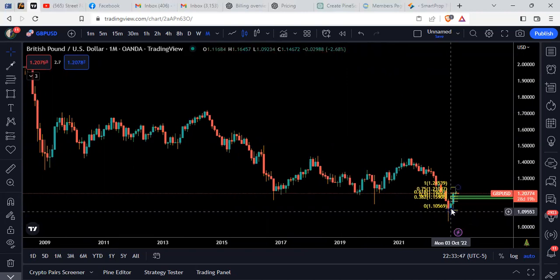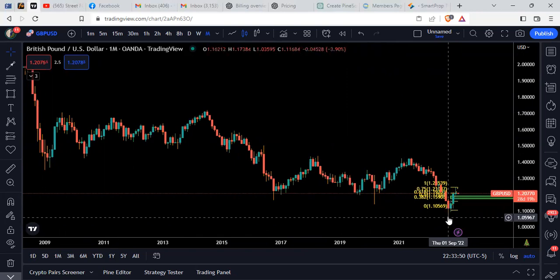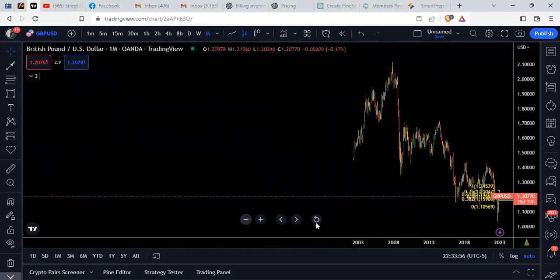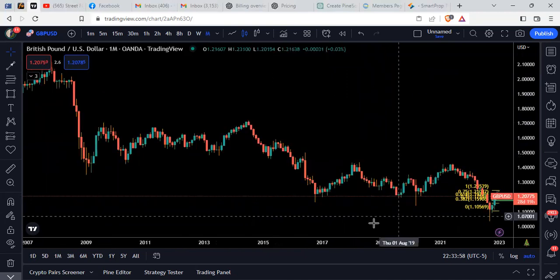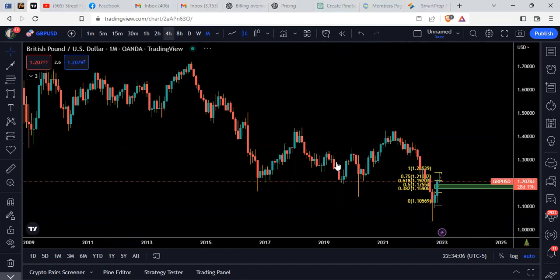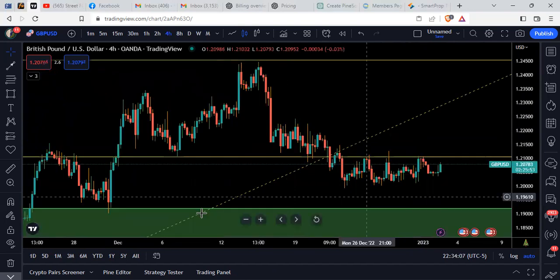It rejected. I mean, it started making a bullish move. Yeah, that's the all-time low right there, at 1.03415. That's 4 hour.